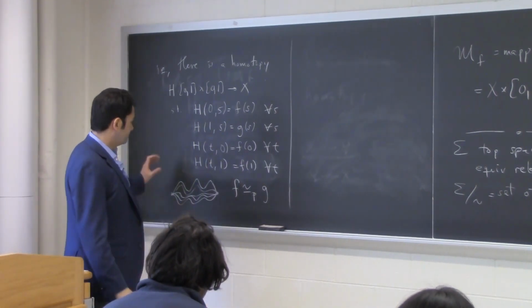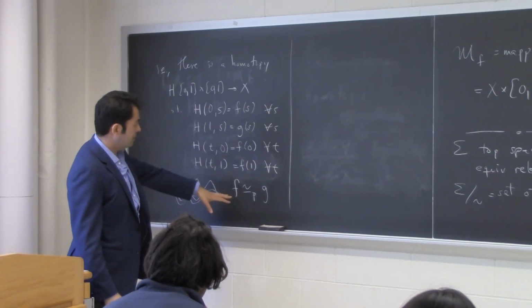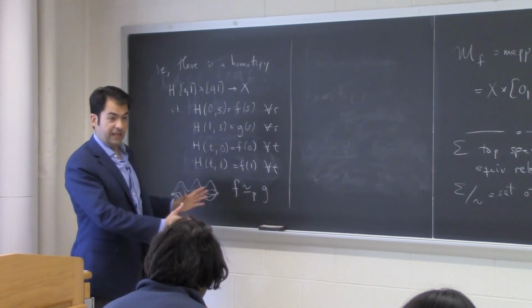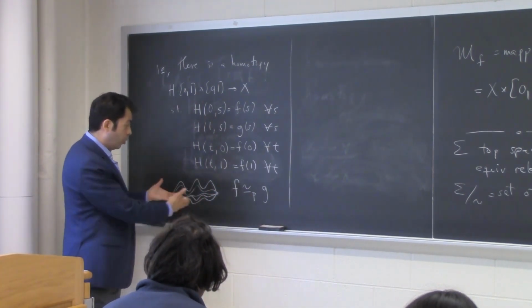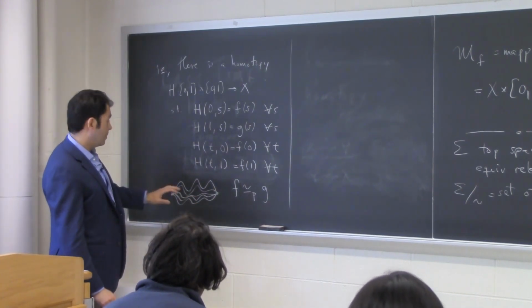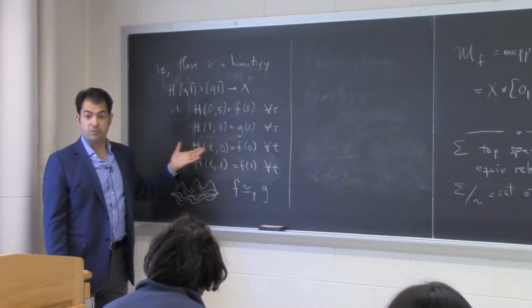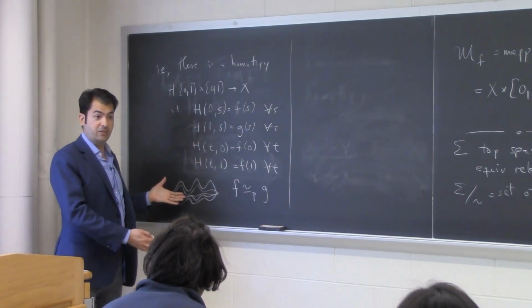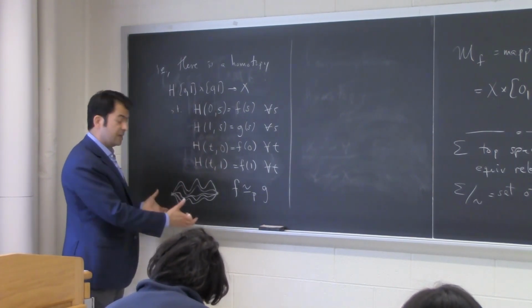Okay, so we want to replace a path with a homotopy class of paths because we want to know if there are holes, right? So we're going to be looking at loops in a moment. But one immediate advantage of replacing paths with homotopy classes of paths is that you can reparameterize and not change anything.